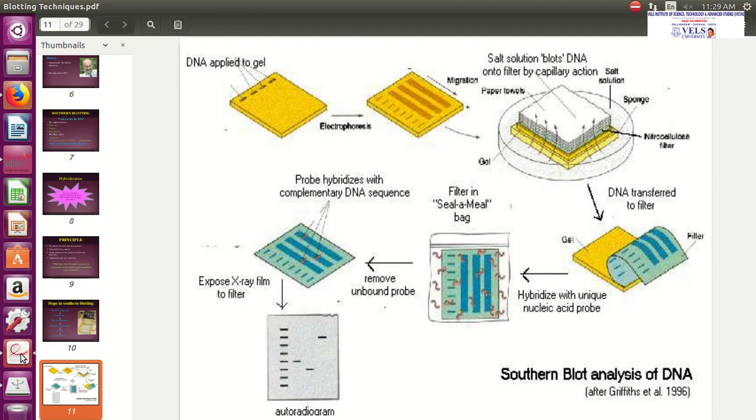In the salt solution we keep the sponge, and above the sponge we keep the gel. On the gel we keep the membrane, that is the nitrocellulose membrane, then paper towels. That is what we discussed in the earlier slide.